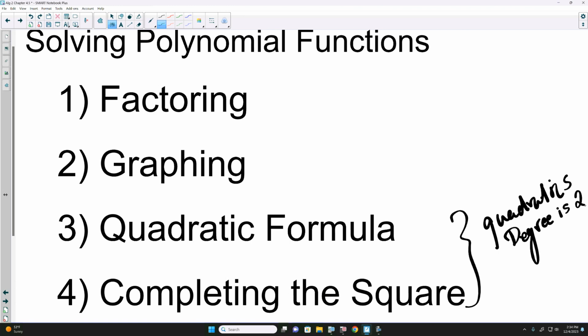Now, at this point, we don't have any way to solve for anything bigger than a quadratic, but if we can decrease the degree from whatever we start with down to a quadratic, a degree 2, we can solve it from there. Because if it is a degree 2, the quadratic formula and completing the square will always work. So we'll end up using factoring and graphing for sure to try to decrease the degree from whatever we start with down to a quadratic, and then we can solve it from there.